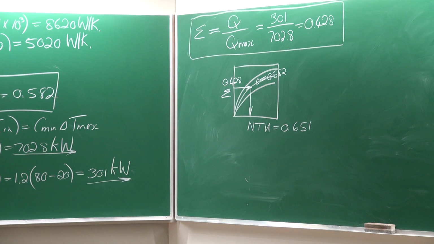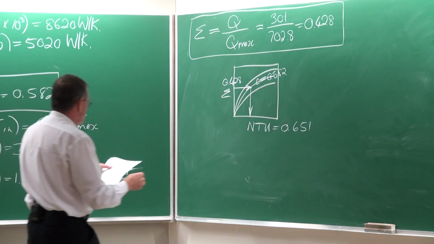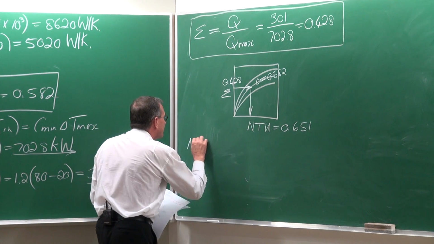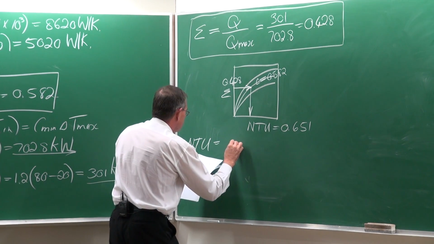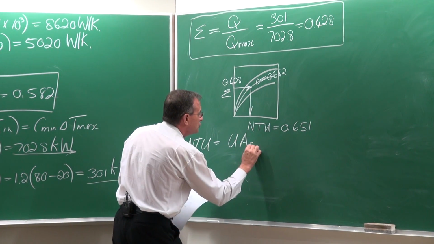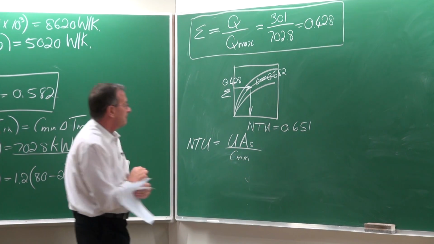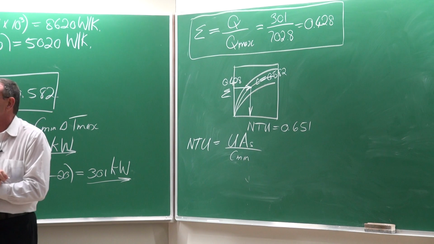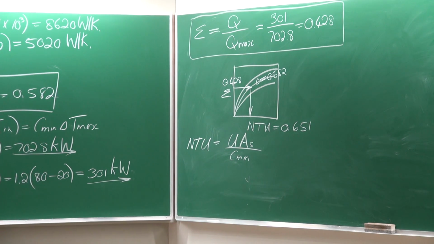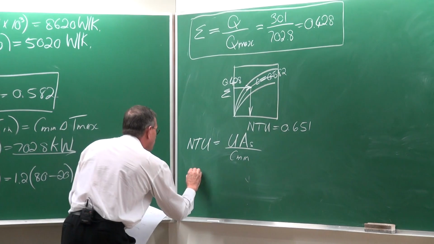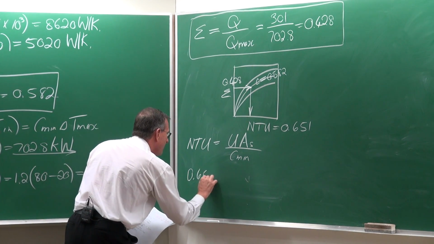Now, the NTUs by definition is equal to the overall heat transfer coefficient multiplied by the surface area divided by C minimum. The NTUs is equal to 0.651.